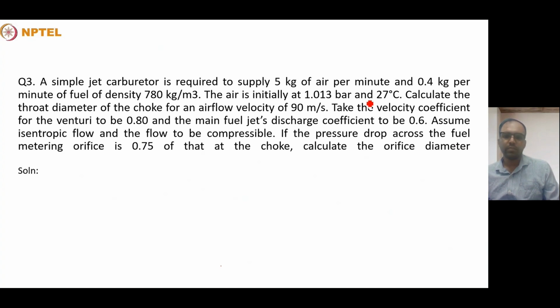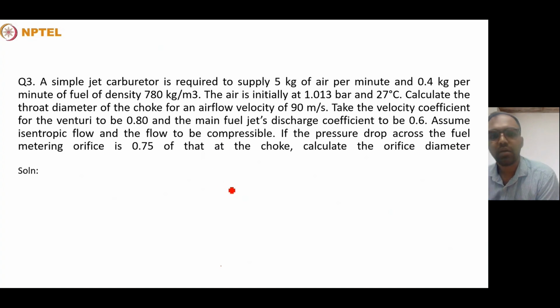The air is initially at 1.013 bar and 27 degrees Celsius. Calculate the throat diameter of the choke for an air velocity of 90 meter per second. Take the velocity coefficient for the venturi to be 0.8 and the main fuel jet's discharge coefficient to be 0.6. Assume isentropic flow and the flow to be compressible.